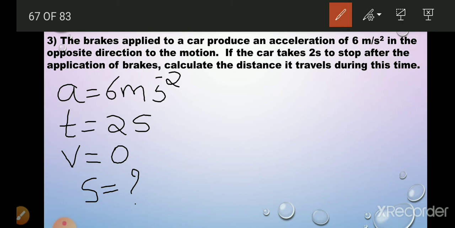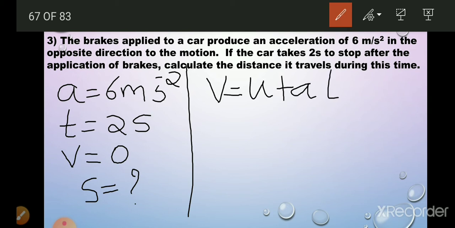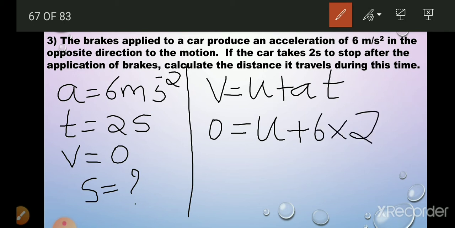So to find distance, you want u also here. To find u, let us use the first equation, that is v is equal to u plus at. So v is equal to 0, we don't know u, plus acceleration 6, time 2 seconds.